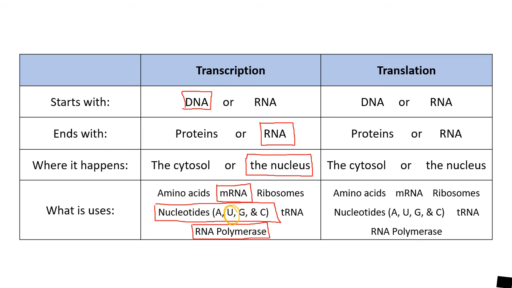Now it's time for the second half of the central dogma, translation. In the process of translation, we start with a molecule of mRNA. That mRNA goes to the cytosol where it bumps into those small protein building organelles called ribosomes.